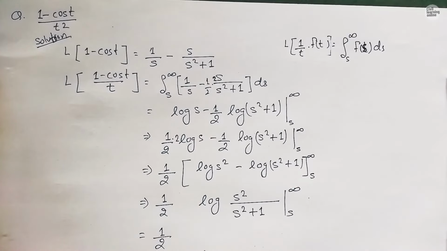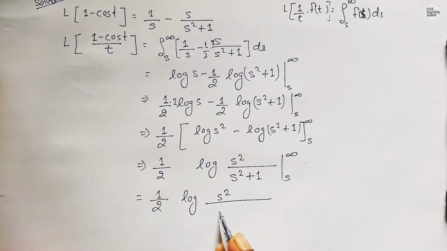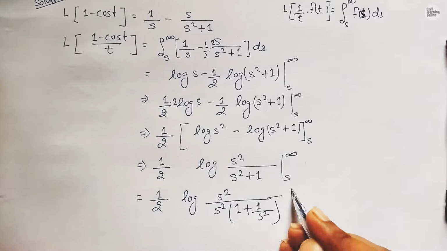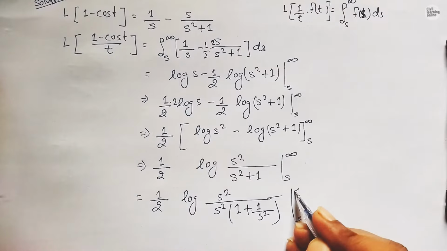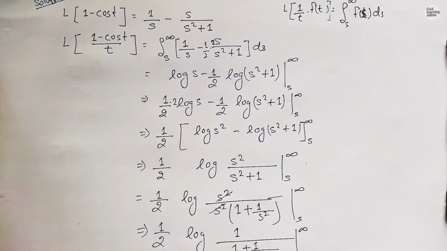Again 1 upon 2 log, take s square common from the denominator, so we will have here 1 upon 1 minus 1 plus 1 upon s square, and from s to infinity cancel out, so we will have here 1 upon 2 log, and we have 1 by 1 plus 1 upon s square, and the limit is from s to infinity.